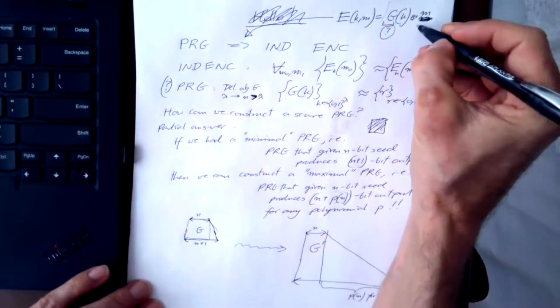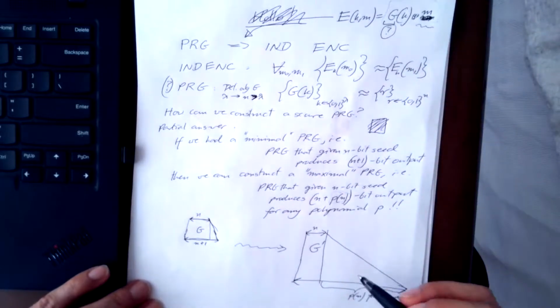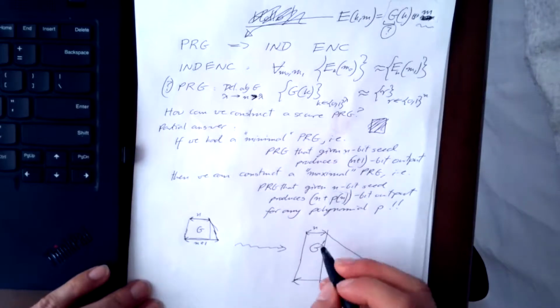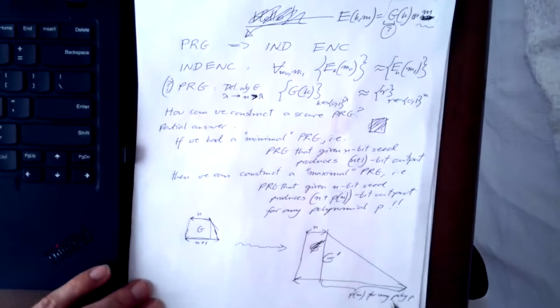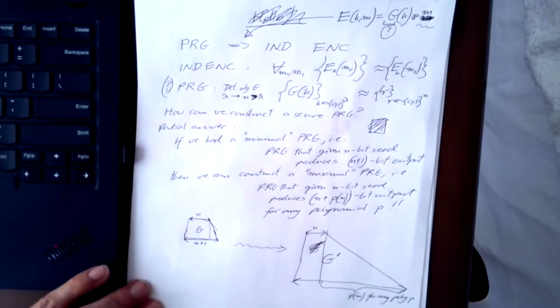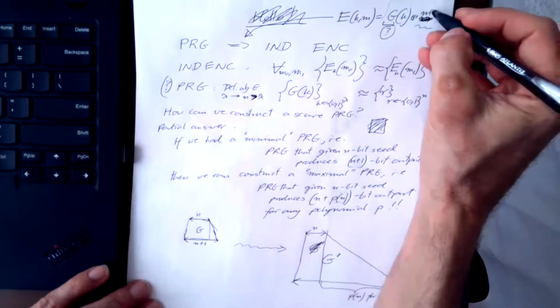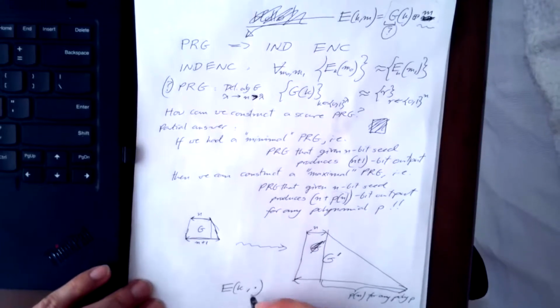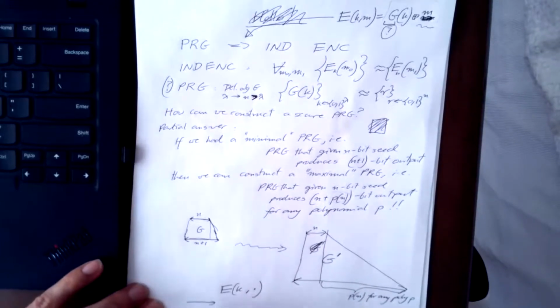So I want to show that this is possible. In practice, we would like this algorithm G prime, where G prime is this whole thing, to have some added properties. For example, what if I'm an encryptor and messages come in and I don't really know how big they are?